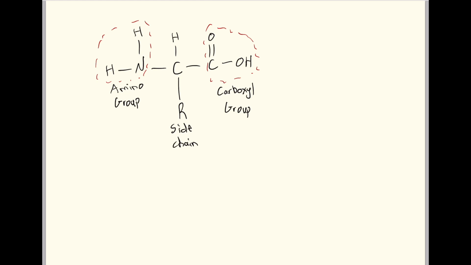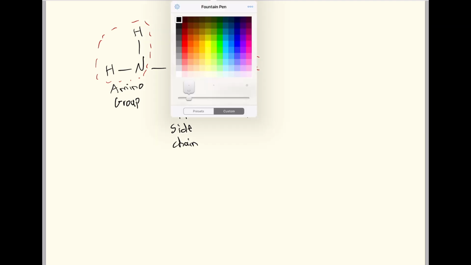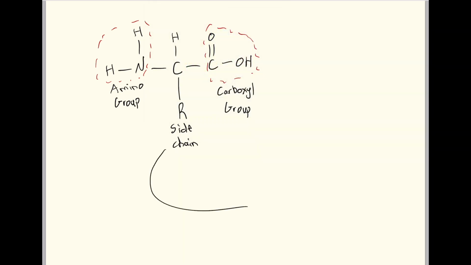Now, there's an easier way of drawing these amino acids, and the way I usually do it is like this. You have your OH, then the carbonyl, and then you have your amino group and your side chain.